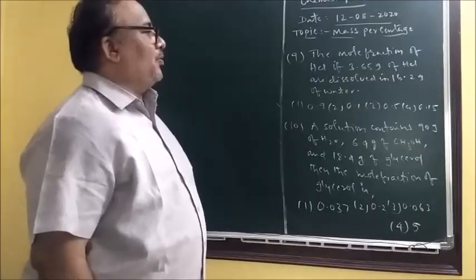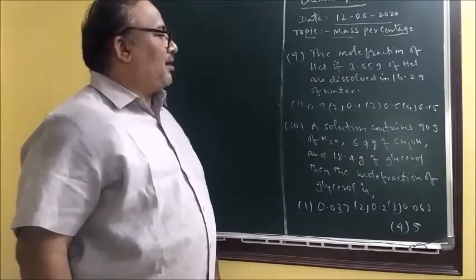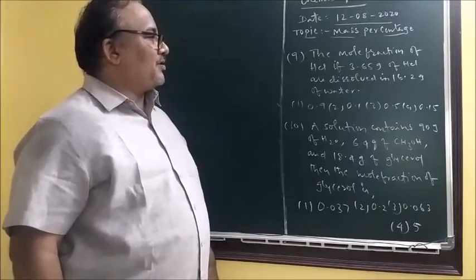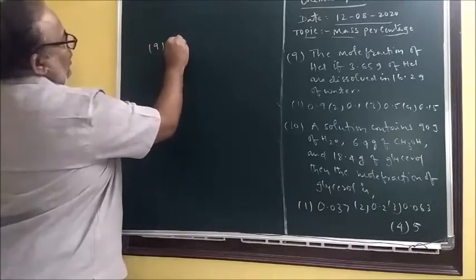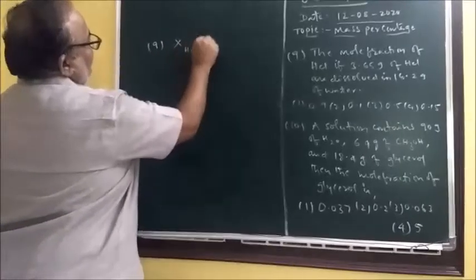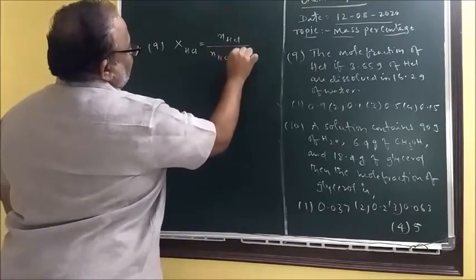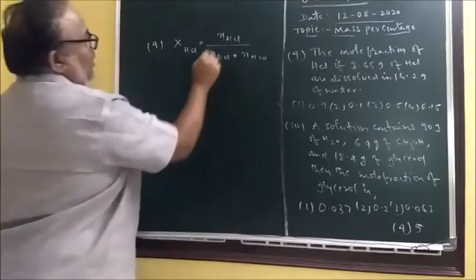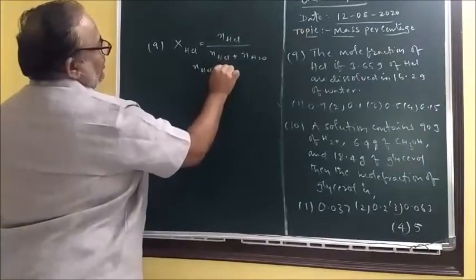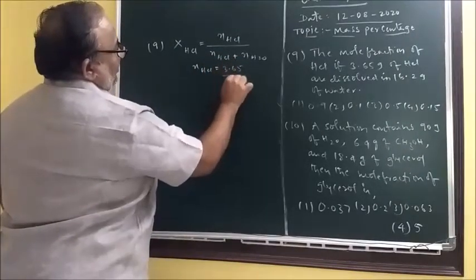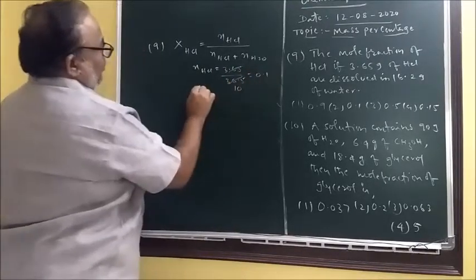Ninth one, the mole fraction of HCl if 3.65 grams of HCl is dissolved in 16.2 grams of water. Mole fraction of HCl is equal to moles of HCl by moles of HCl plus moles of water. Moles of HCl equal to 3.65 by 36.5, that is 0.1.